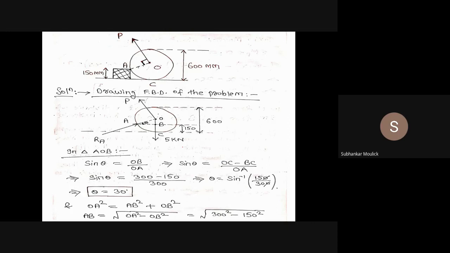I have taken the moment of force P about point A, that is P into OA, anti-clockwise moment positive. I have taken the moment of force 5 kilonewton about point A, that is 5 into AB. It is a clockwise moment. I have taken negative. Next comes the force RA. It is passing through point A. So will I take the moment of force RA? Yes or no?